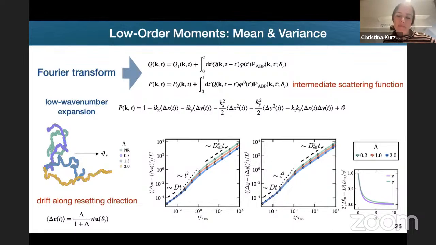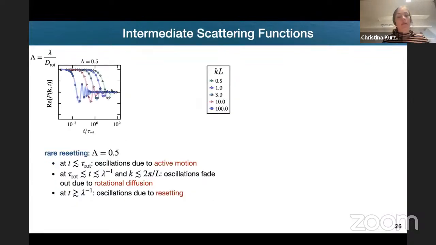Since we've seen a lot of intermediate scattering functions so far, now I just want to show you one where we actually look at a system with a drift. In this plot, I'm first going to show you the real part of the ISF, and I'll come to the complex part in a bit. If we look at rare resetting events, you can imagine that the cells in between resetting events can change their swimming direction due to rotational diffusion.